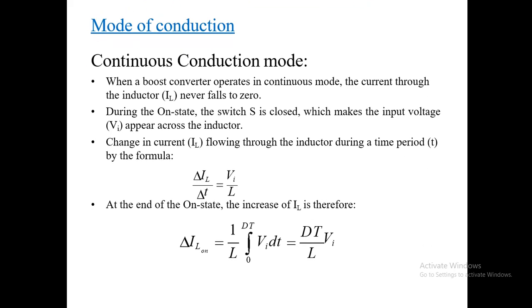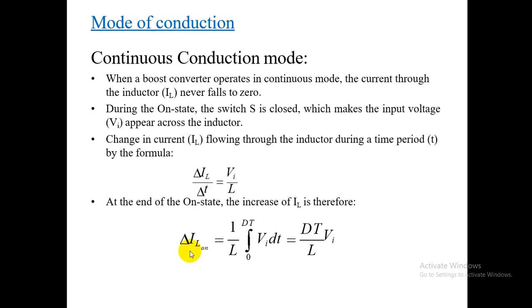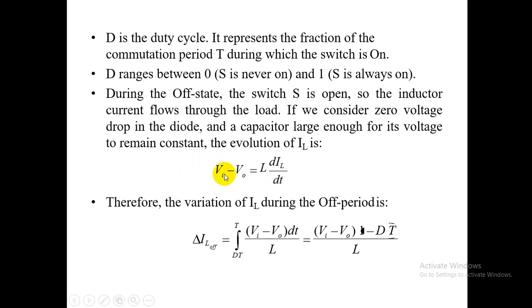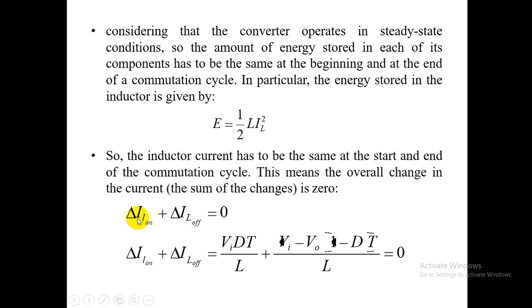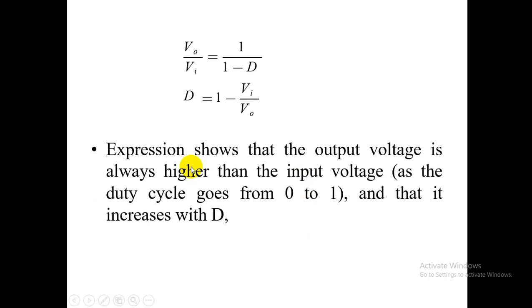There are modes of conduction; in continuous conduction mode, there is a charging current flowing through the inductor during the T-on period, that is dIL by dt, the change in current with respect to time, which is equal to Vi by L. From that we can write the equation for the change in current, and we take the equation for the T-off period also like this, and both are added, same as in the step down chopper, giving the voltage equation V0 equal to 1 by 1 minus d into Vi.